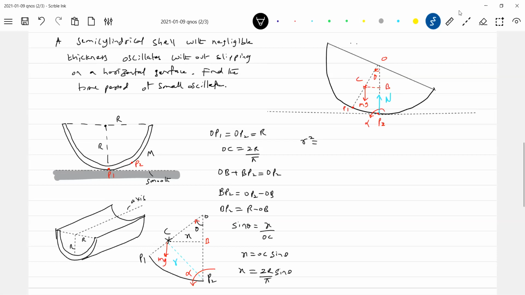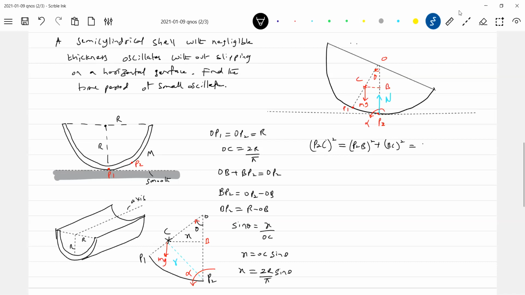Small r square, we can write as P2C square, which should be equal to P2B whole square plus BC whole square.